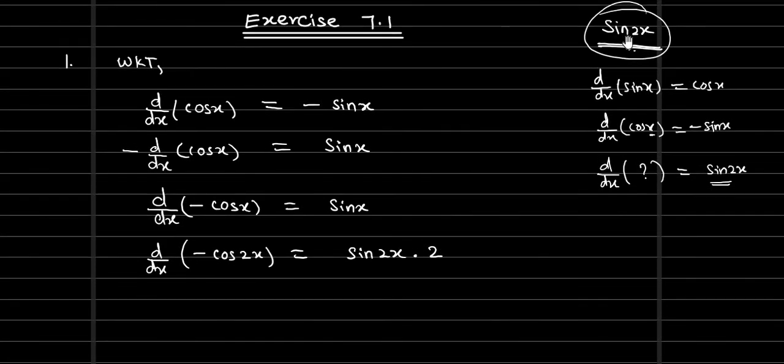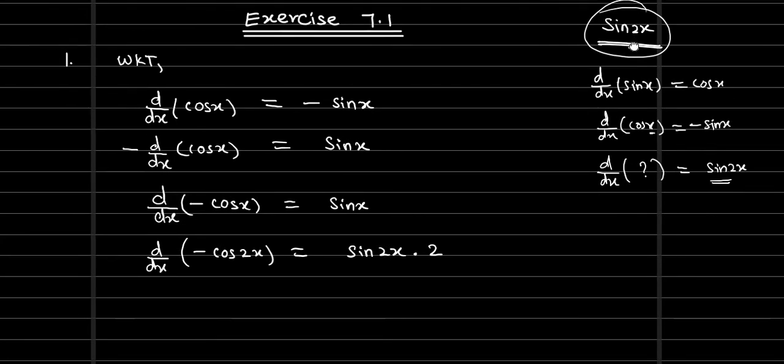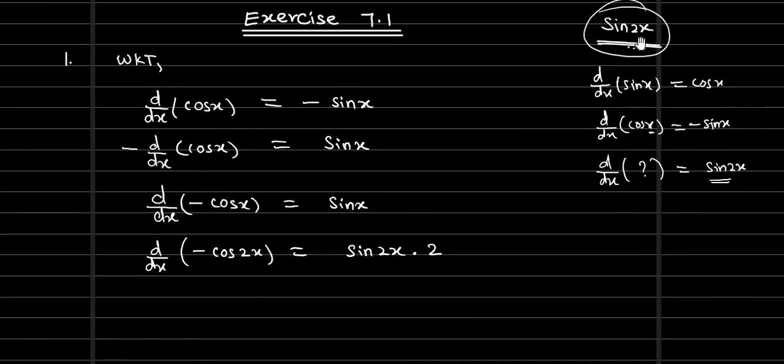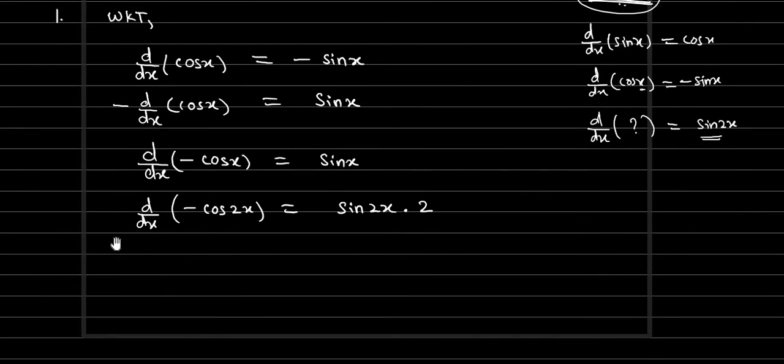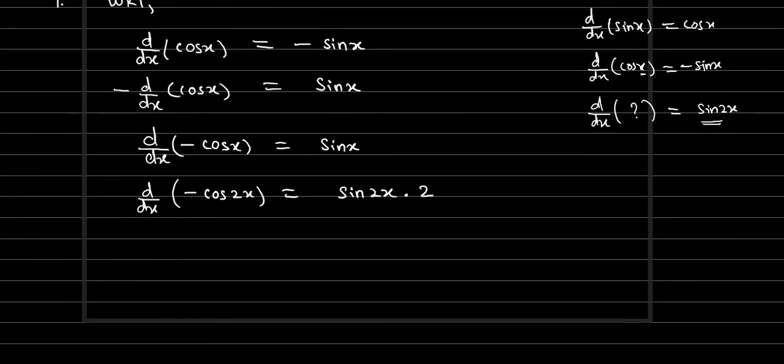Now they're asking us to find the antiderivative of sin 2x. So 2 times sin 2x we don't have. So this 2 we are going to send to the other side: 1 by 2 d by dx of minus cos 2x equals sin 2x. So this constant term we will combine with the function.